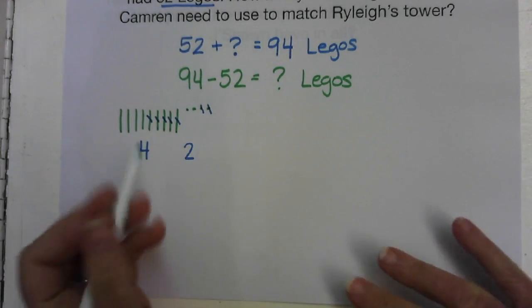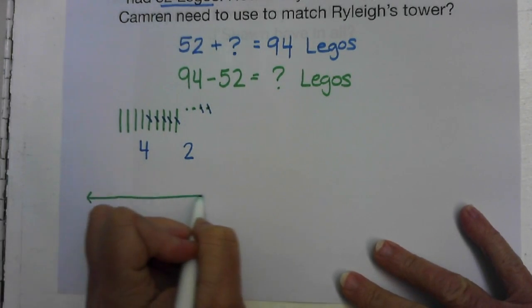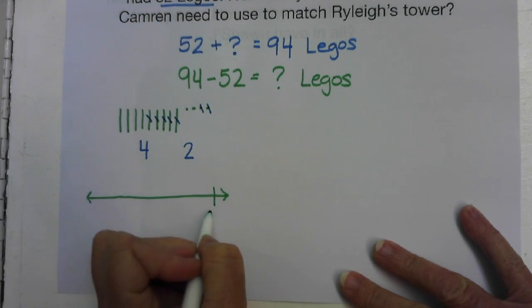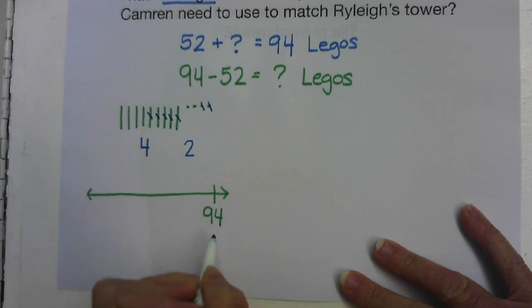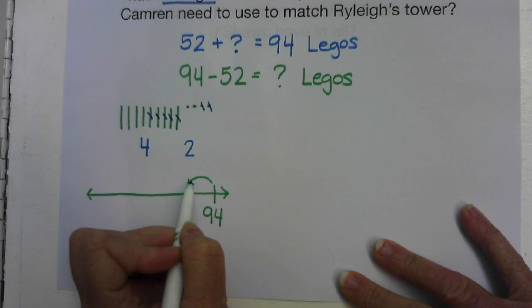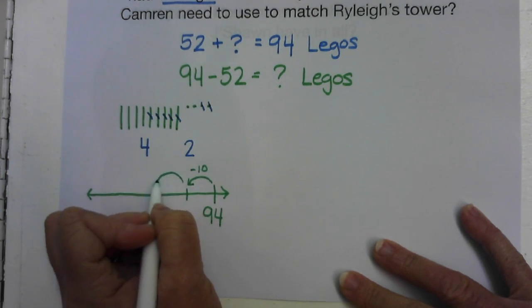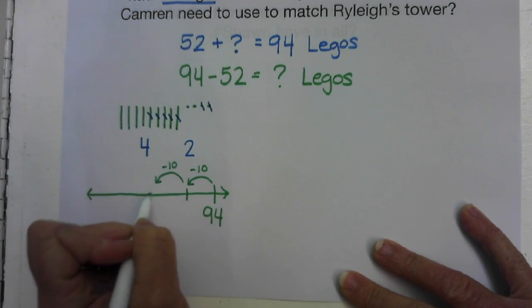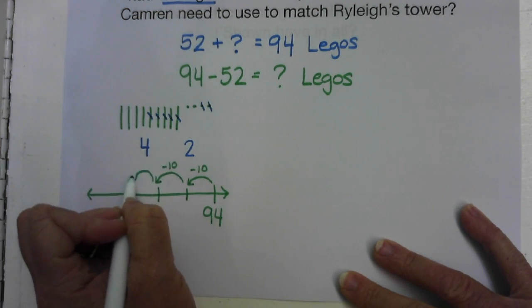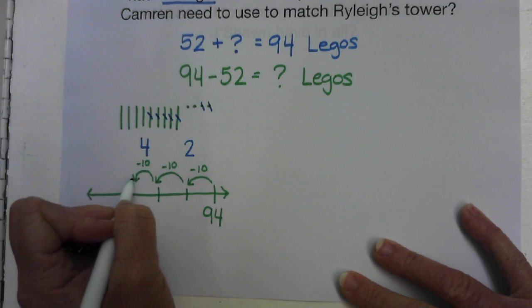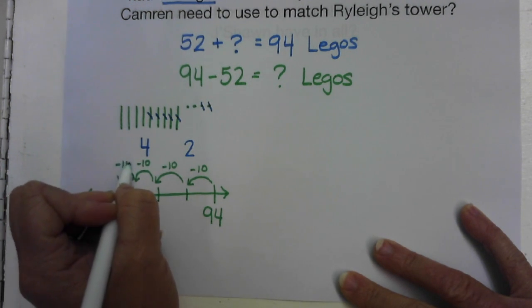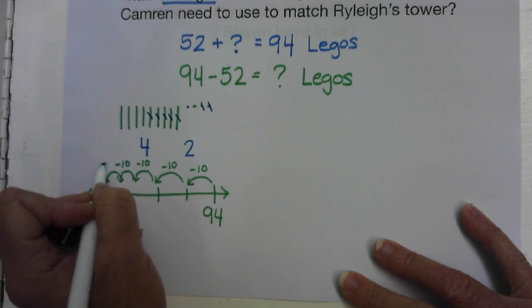Quickly with the number line, we're going to start on the right side because when we subtract, we start on the right side. And we're going to go backwards 10, and we're going to do it 5 times. 1, 2, 3, 4, 5.